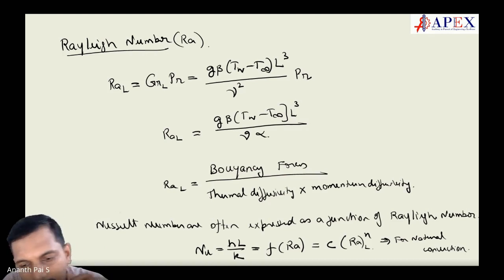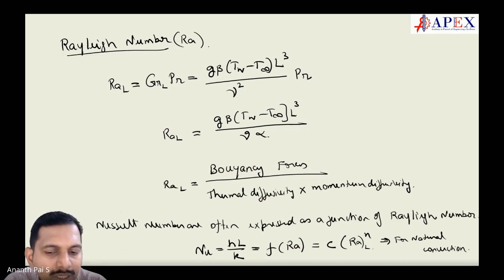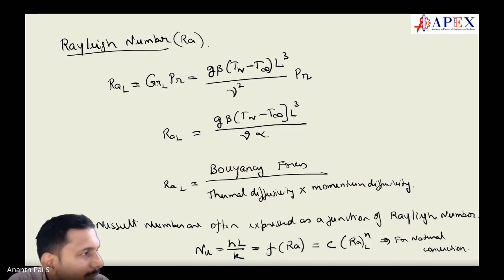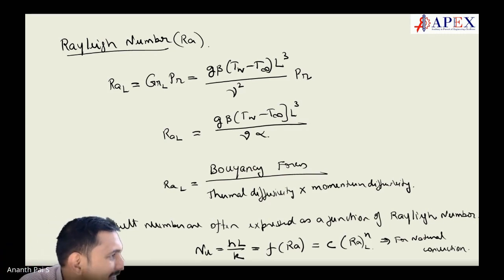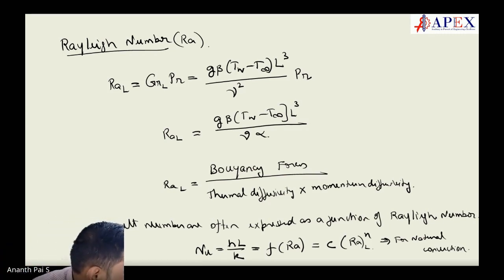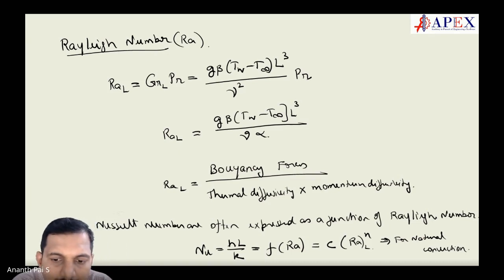You understand that, but the thing is that thermal diffusivity and momentum diffusivity are in meter square per second. Momentum diffusivity is kinematic viscosity, dynamic viscosity by density.